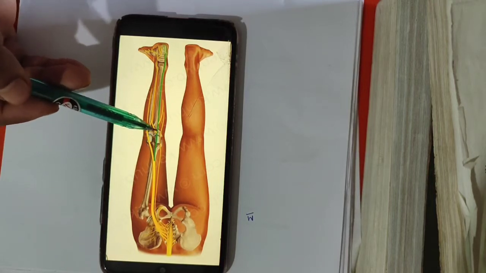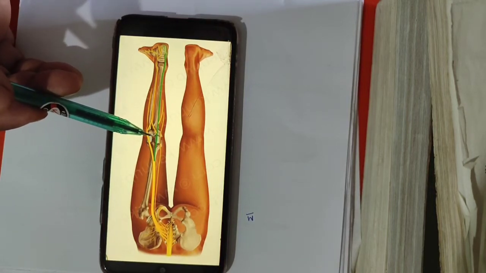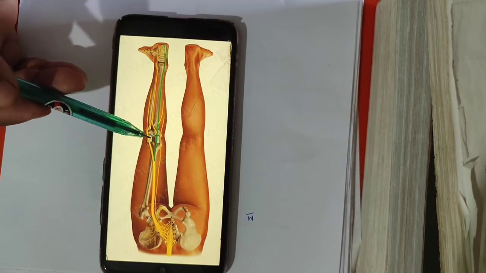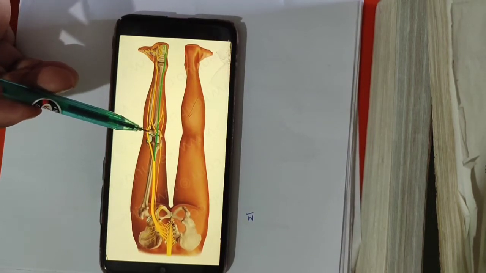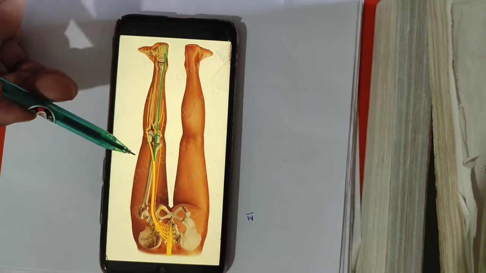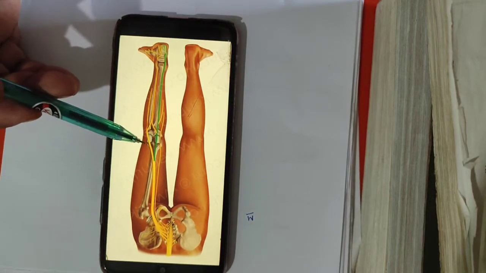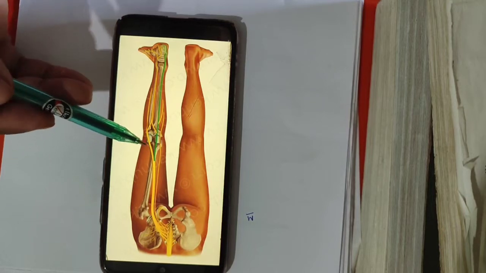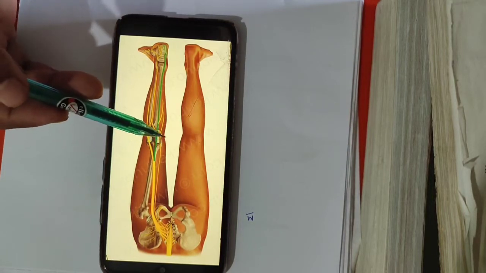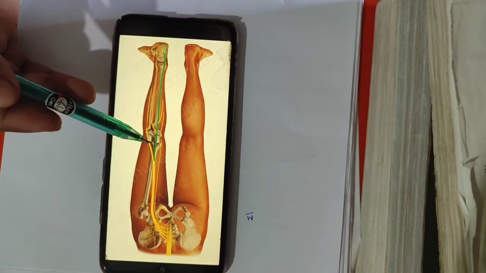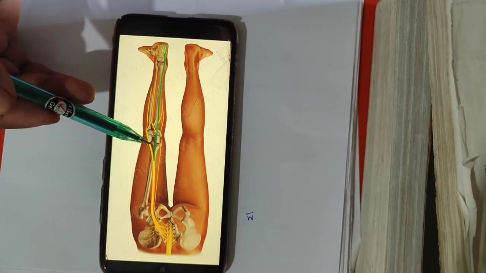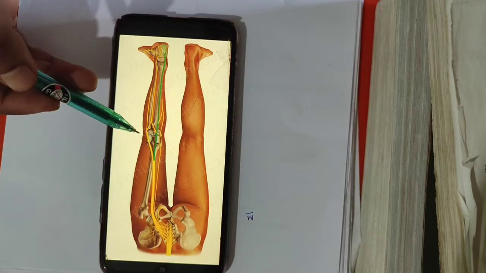In the upper part of the popliteal fossa, the tibial nerve lies lateral to the popliteal vessels, that means the popliteal artery and popliteal vein, which lie medial to the tibial nerve.